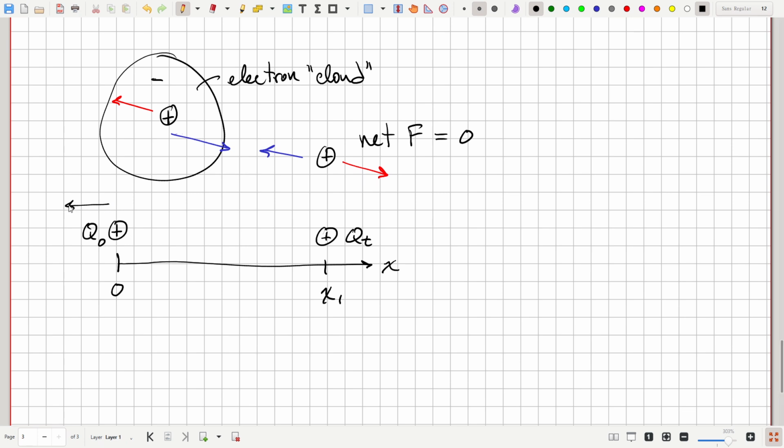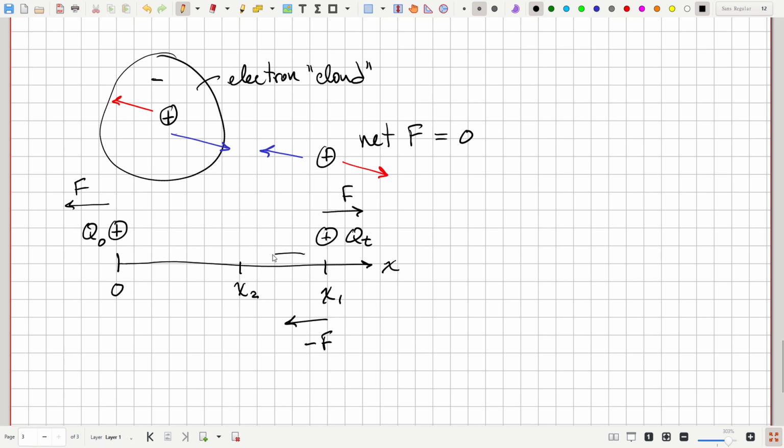And then if we have this repulsive force F, and we want to move our test charge to, say, a position x2, which is closer to the other charge, well, we're going to have to overcome this force. So we're going to have to push with a force minus F to overcome that.